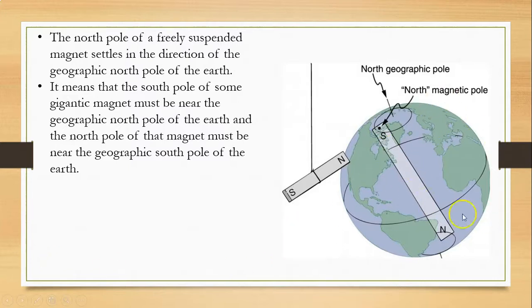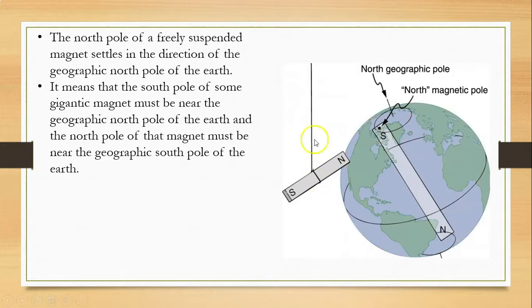This, my dear students, is our earth. According to geography, this part of the earth is the north pole. Hence, it is written north geographic pole of the earth. Obviously, this part will be the south pole, the geographic south pole.